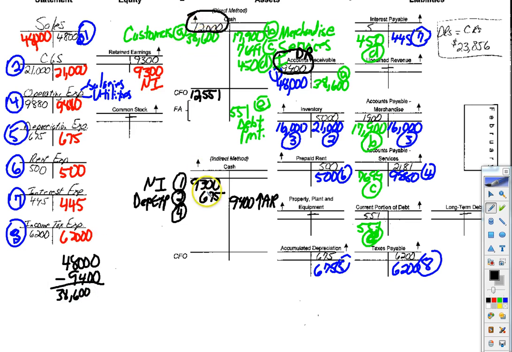So the indirect method is doing the same sort of thing, only it's doing a shortcut. And we could have done this with the direct. I could have credited $48,000, and do some sort of debit over here for $9,400. So credit to sales, $48,000, debit $9,400 here, and debit cash over here for $38,600.